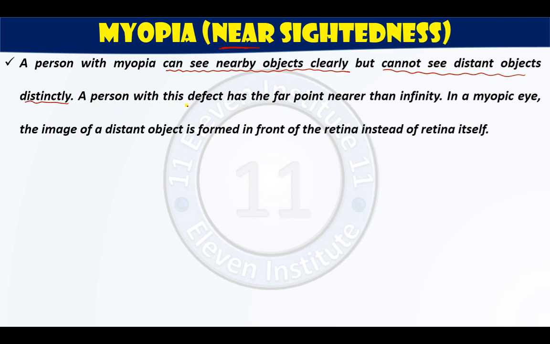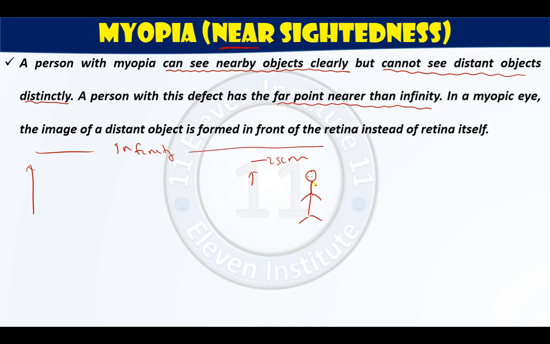A person with this defect has a far point nearer than infinity. This is the problem. Generally, what is the near point of the eye? 25 centimeters. What is the far point of the eye? Infinity. Suppose a person is standing over here, and this is his near point at 25 centimeters, and this is his far point at infinity, for a normal person.